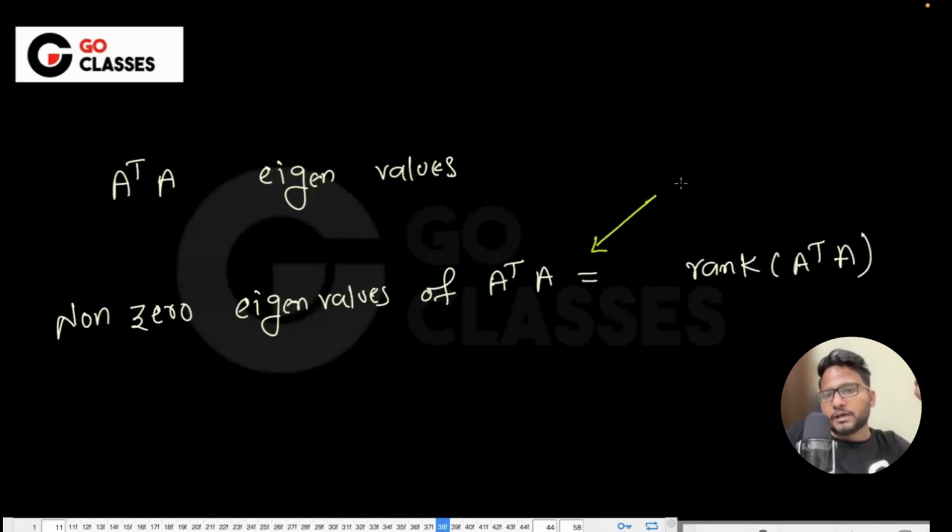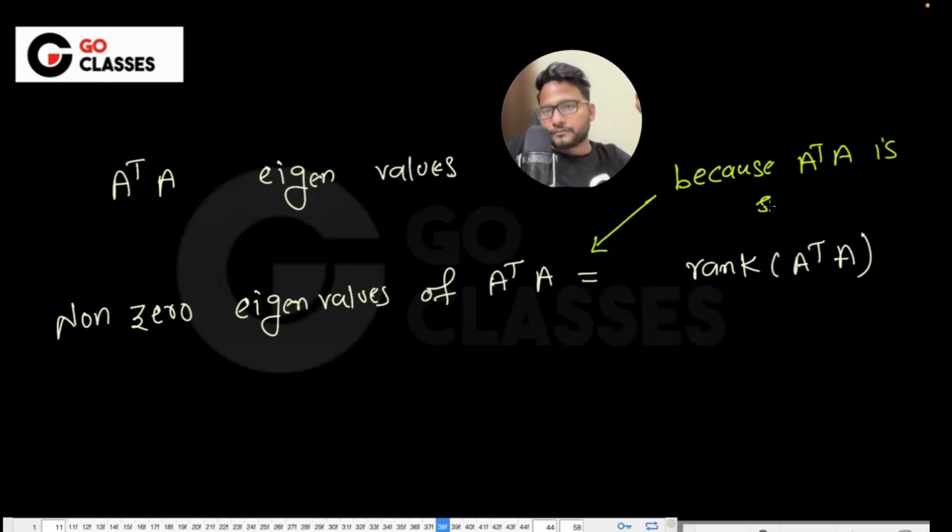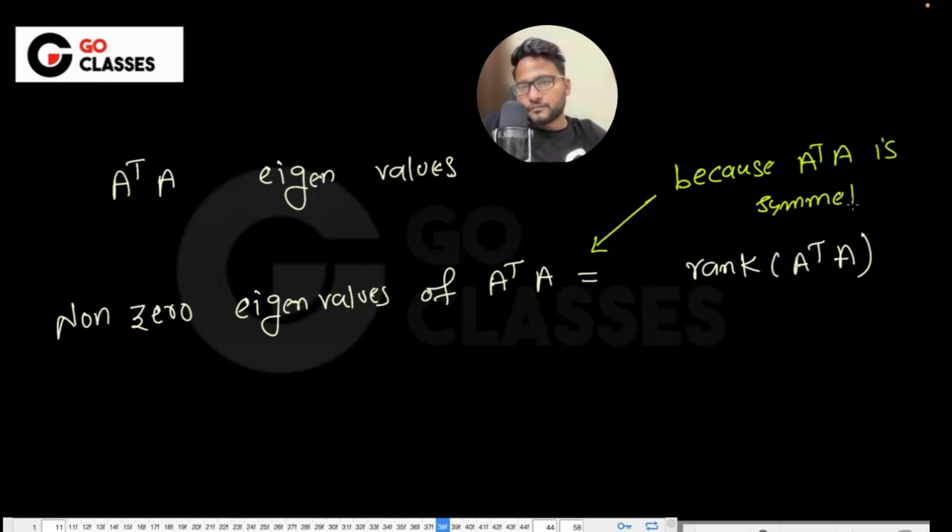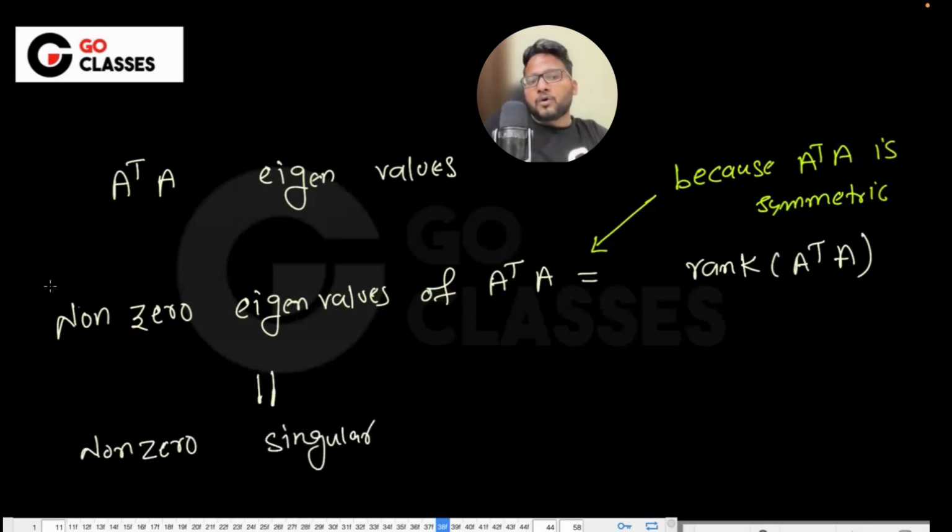This equality is because A transpose A is symmetric. And the non-zero eigenvalues of A transpose A are exactly the same as the non-zero singular values of A. I mean, the number of non-zero ones at least.